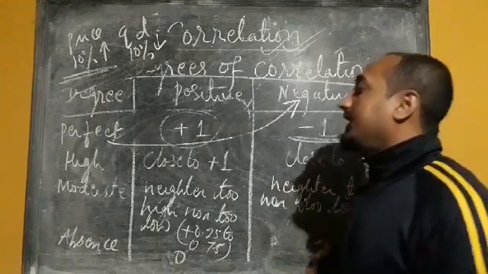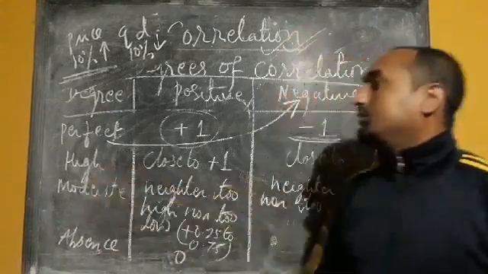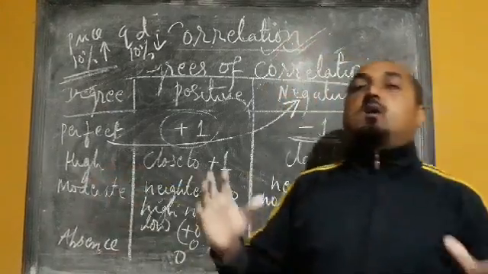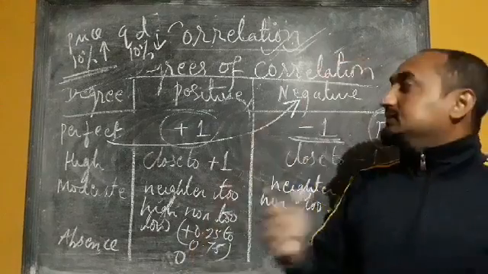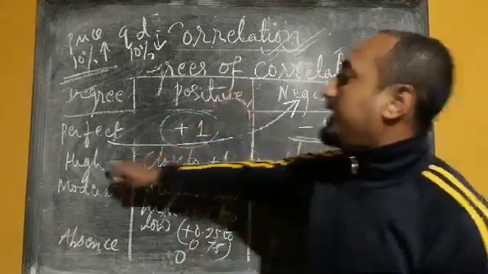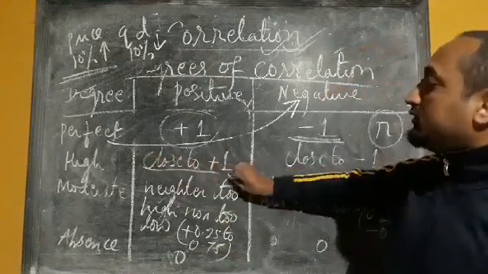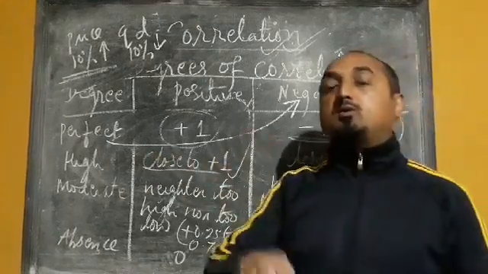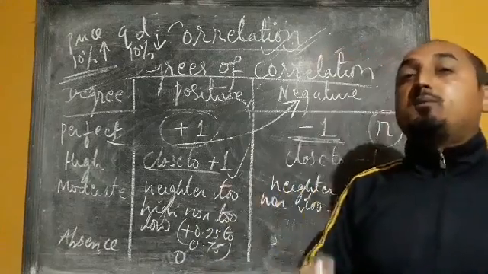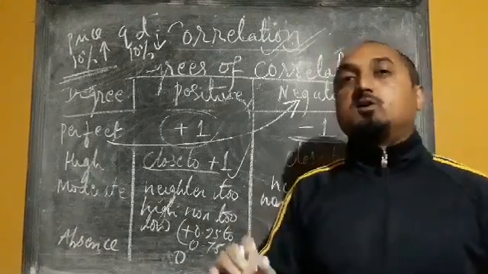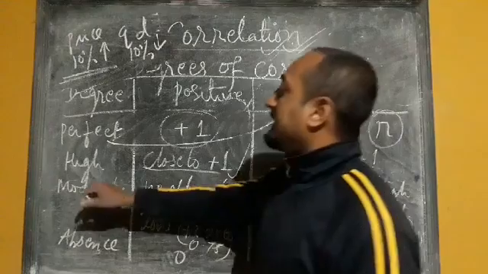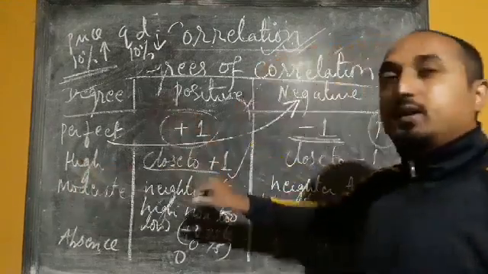Okay, now next one, high. High correlation means, in the case of high positive correlation, the value of R will be closer to plus 1. When we calculate the value of R, if it is coming 0.98 or 0.99, then we can say that there is a high positive correlation.